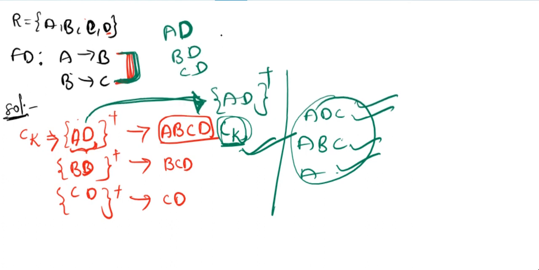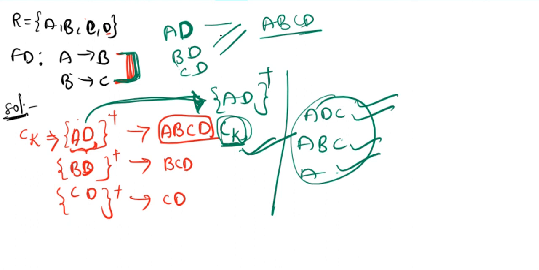And among these three, we check which one generates the complete relation. So this is very easy, and this is a shortcut way.